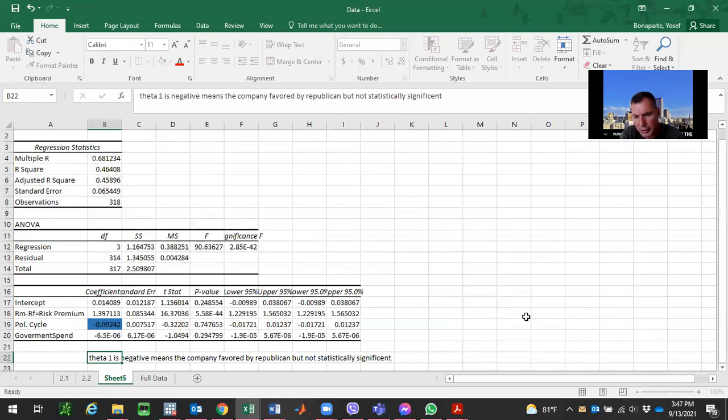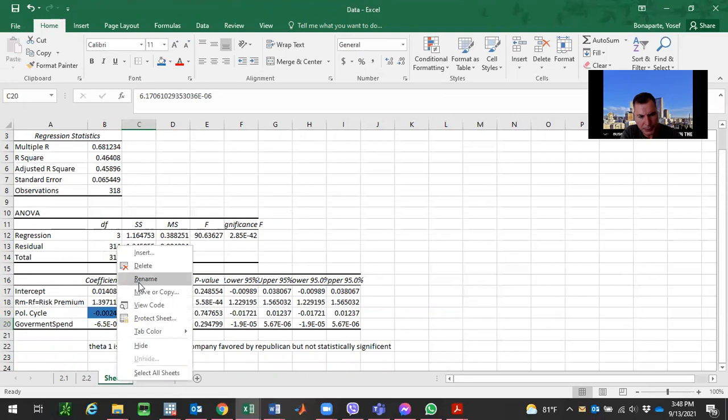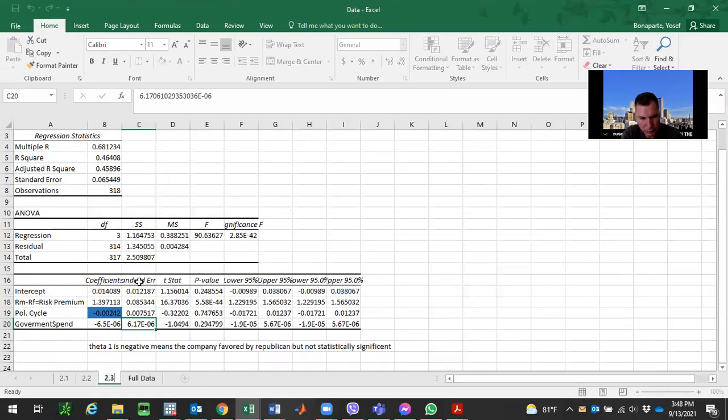That means this company is favored by nobody. How about government spending? Well, the T-stat is also not significant. So whether the government spends or not doesn't influence their business. So that will be the 2.3 model.